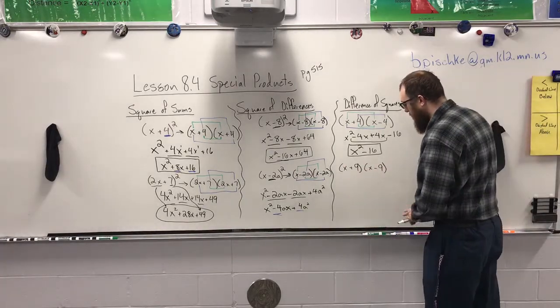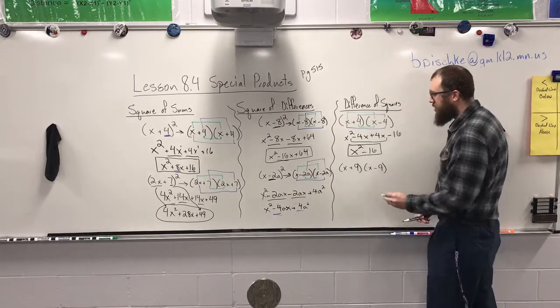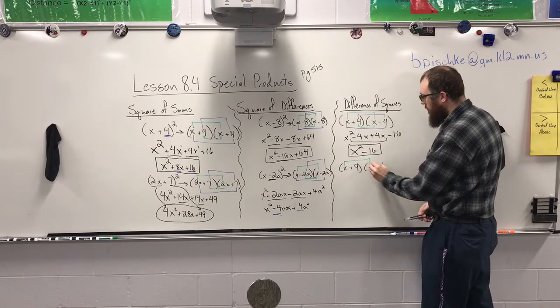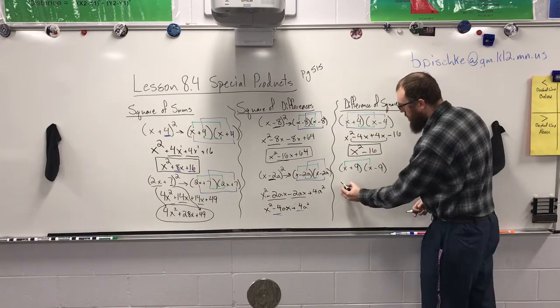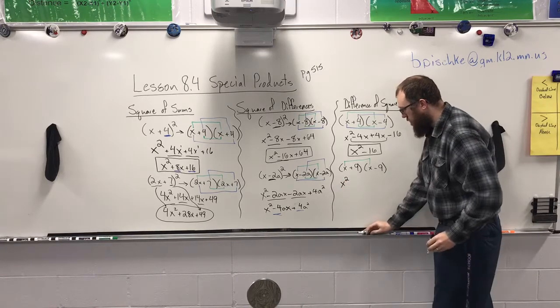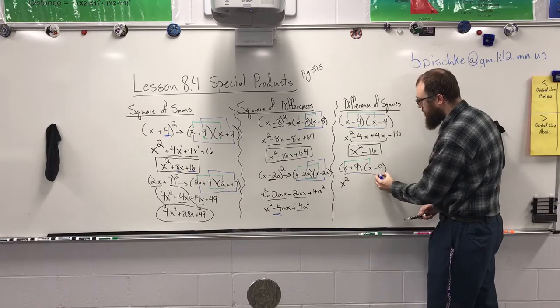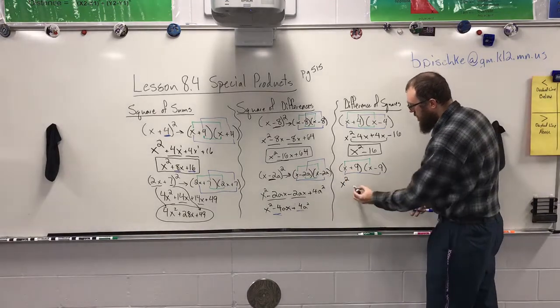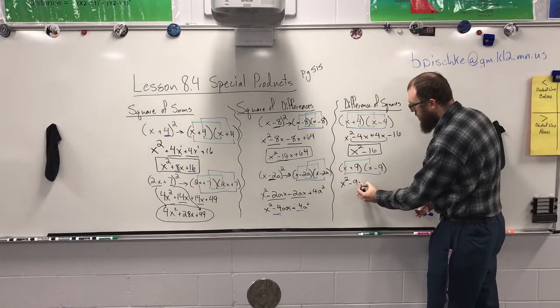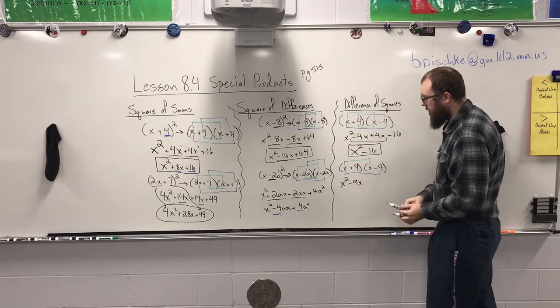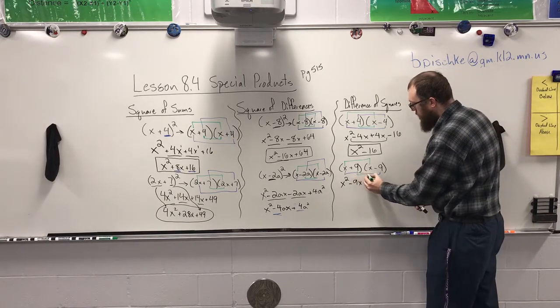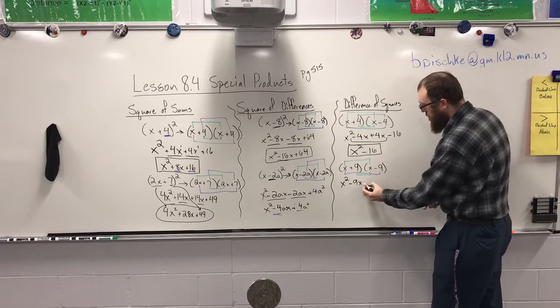Let's FOIL out this last one. First, x times x is x squared. Outers, x times negative 9 is negative 9x. Inners, 9 times x is 9x.